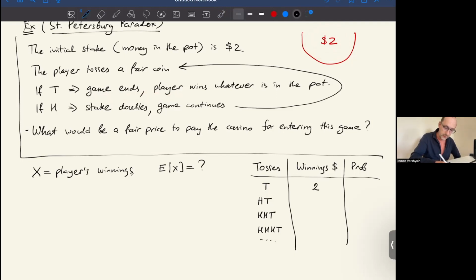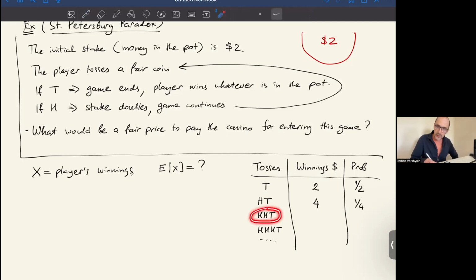And the probability of that, the probability of tossing the tail, is 1/2. If you toss head and then a tail, the stake doubled, so you go home with $4. The probability that you toss HT is 1/4, because there are 4 equally likely ways to toss 2 coins: HH, HT, TH, and TT.